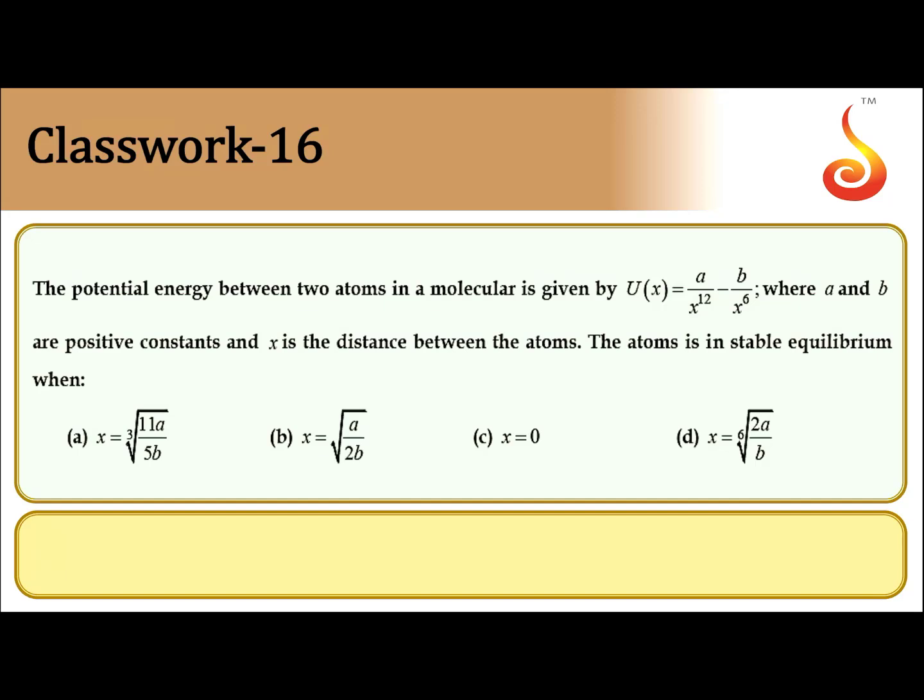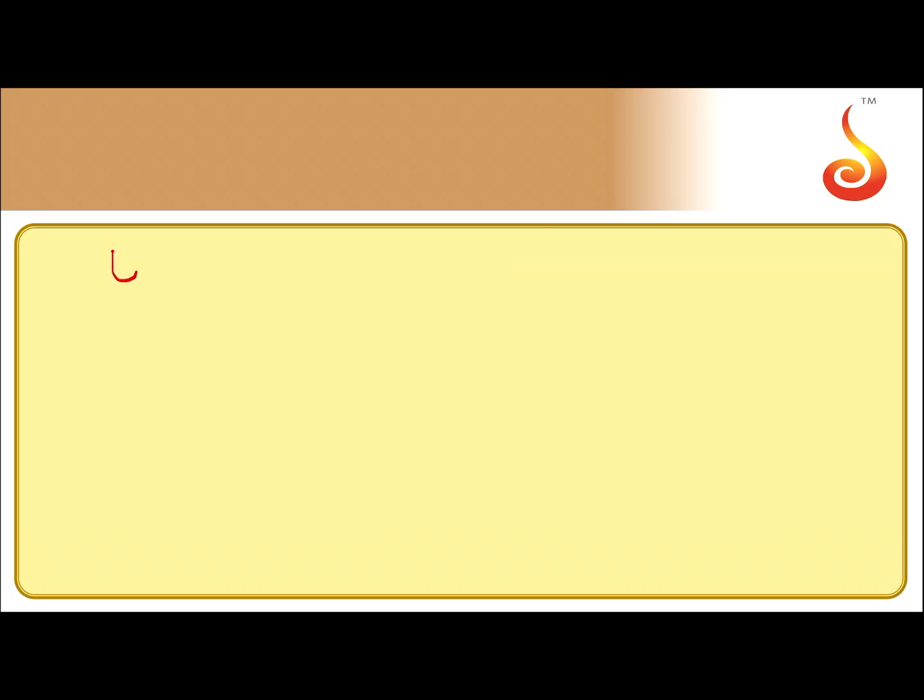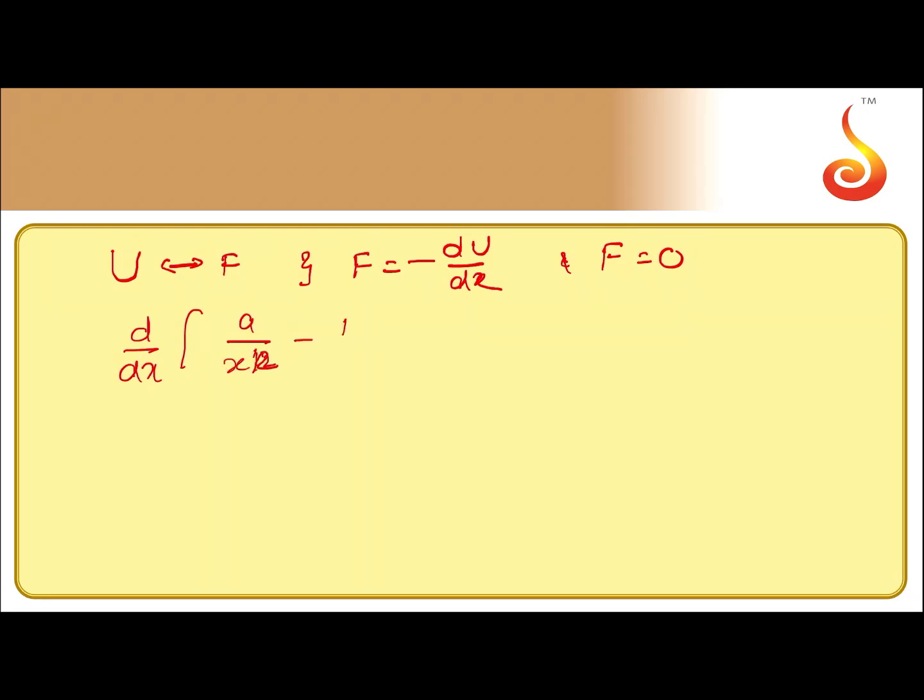The atom is in stable equilibrium position when, we had learned that stable equilibrium corresponds to u and f related by f is equal to minus du by dx, and f is equal to 0. So I am going to differentiate this u, a by x to the power 12 minus b by x to the power 6.